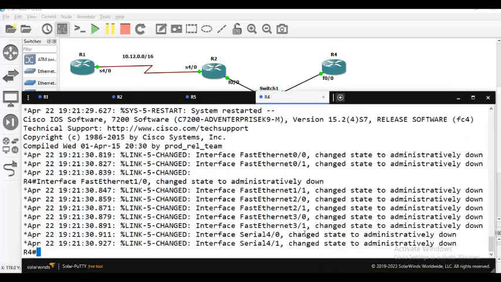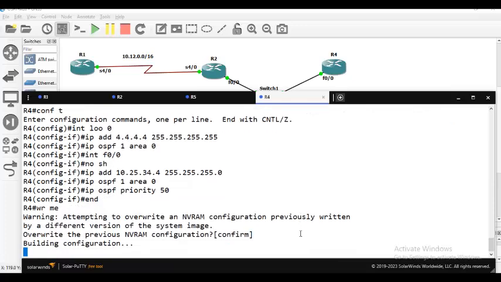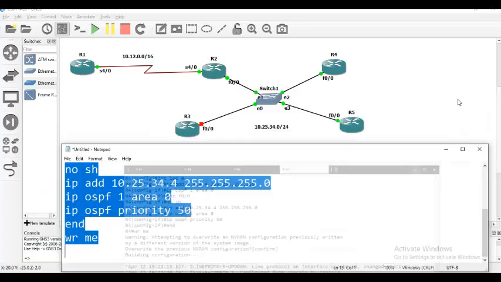Now for router 3, I don't want to set any priority. I want to show you the default on router 3.